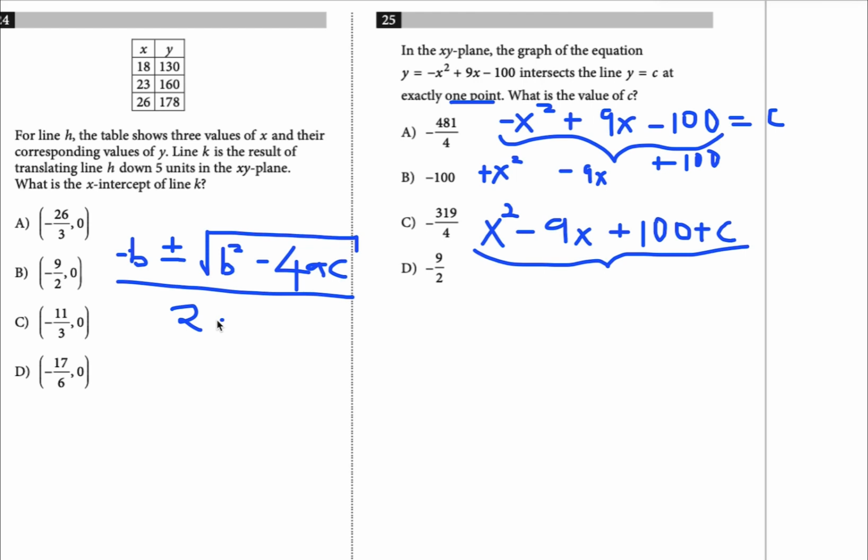If we were solving for the individual x's, this would result in two answers because we have the plus or minus. The discriminant is whatever is under the square root, which is b squared minus 4ac.